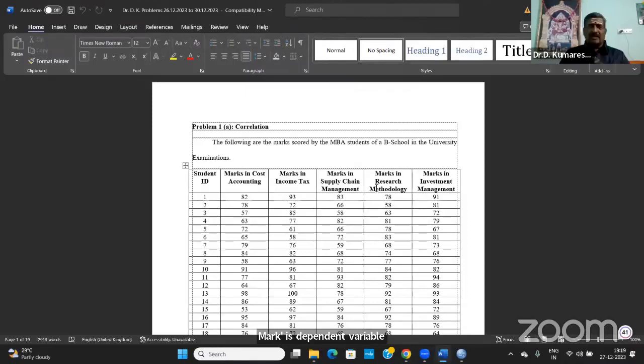In some other case, variable 1 and variable 2, or variable A and variable B, maybe A is the independent variable and B is the dependent variable. Or otherwise, A is the dependent variable and B is the independent variable.